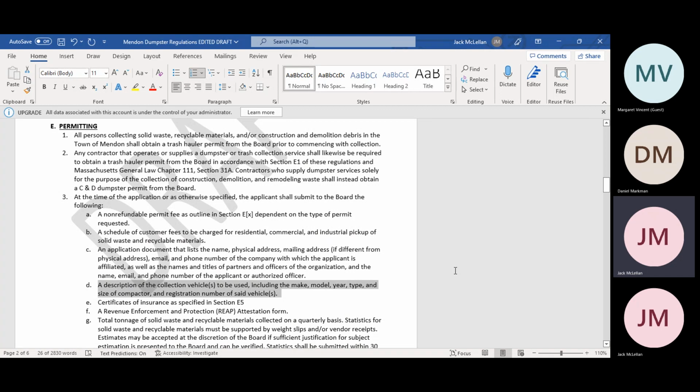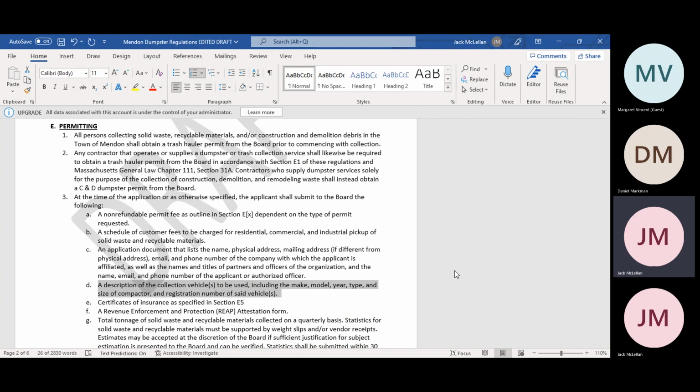In some cases, there's just too many vehicles to list, some of these bigger companies like Wind River, et cetera. So I didn't really feel it was necessary to know all about every collection vehicle, so I was willing to omit D completely.